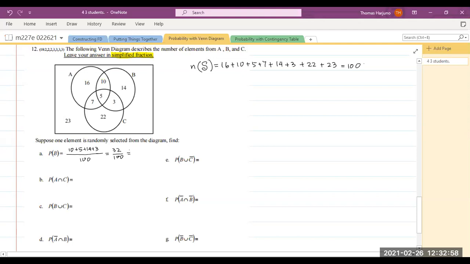Because it's over 100, I think it's quite easy to reduce. Here we can reduce by 4, reduce by 4. So that's the probability. Now, let me show you how to use your calculator to reduce a fraction.